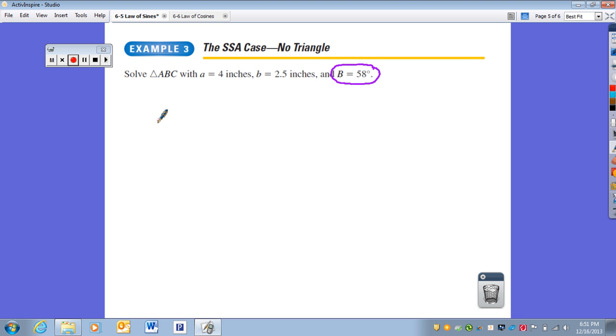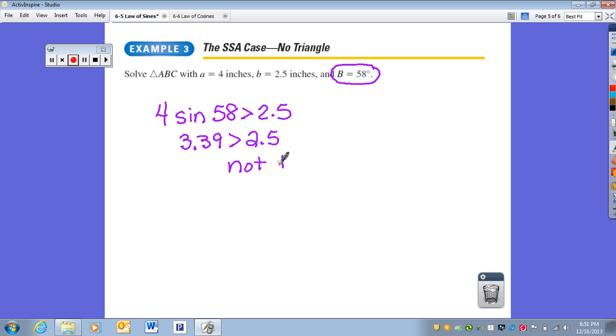So what we need to do is find if A, which is 4 inches, multiplied by the sine of 58 degrees, is greater than side B, which is 2.5 inches. Well, when we use our calculator to multiply that out, we get 3.39, and that is not greater than 2.5. So this would not be a triangle, and we wouldn't be able to solve to find the other sides.